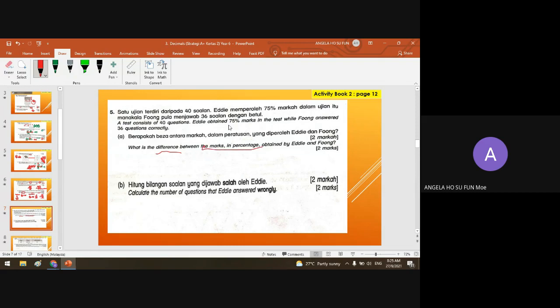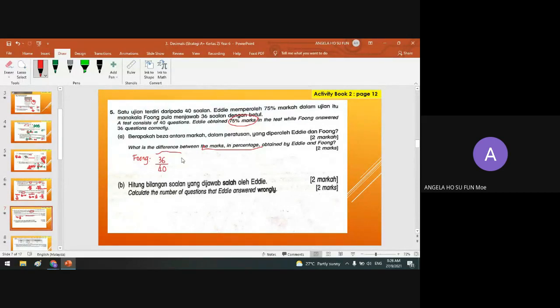You see from here, AD already obtained 75% of marks, so this is already in percentage. Now what I want to do is find Fong's percentage. How many marks did Fong answer correctly? He answered 36. I'm looking for Fong's percentage. Here, he answered 36 questions out of 40 questions correctly.